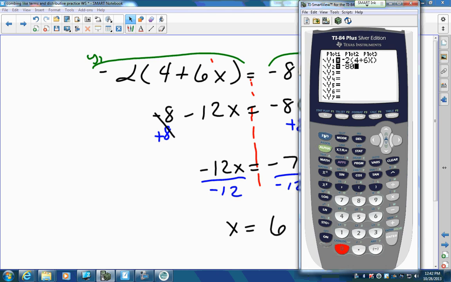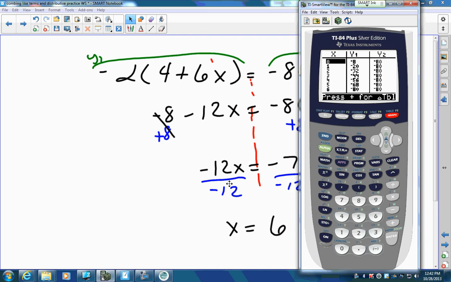Now, the difference here is you're not looking for all the rows to be the same. You're looking for this one spot where x is 6 for it to be the same. And right here, see how it says negative 80, negative 80? That means that my answer of 6 is right.